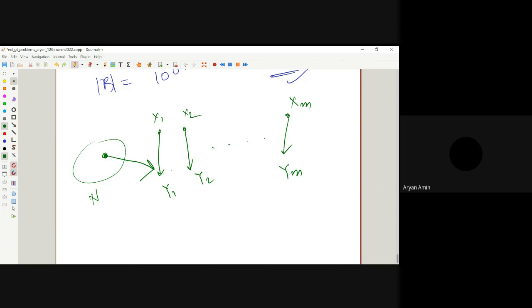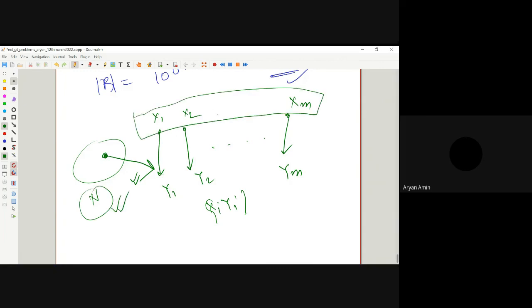If you just take x1, y1, this kind of an edge is going to cause a problem. So what we do instead is take the entire N, and just take x1 up till xm. Then these edges are getting covered, and also these kinds of edges are getting covered. And if you take N, then these edges are getting covered. Okay, makes sense? Yeah, thank you.